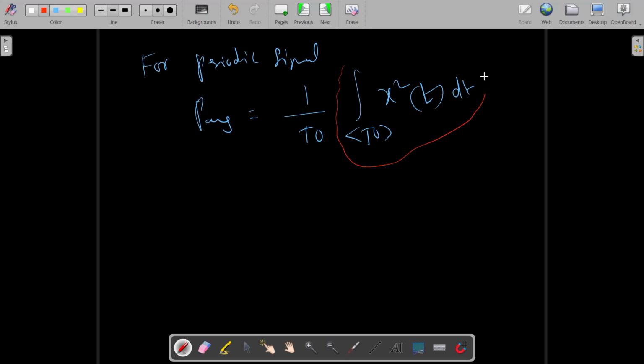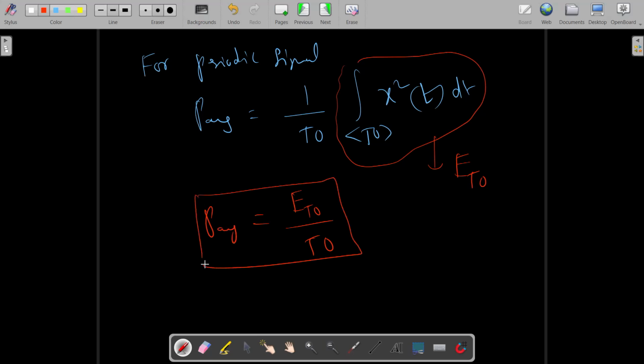By definition, this integral is the energy over one time period. So the energy over one time period T naught divided by the total duration T naught gives the average power. Therefore, for periodic signals, first find the energy, then divide by T naught, and that gives the average power.